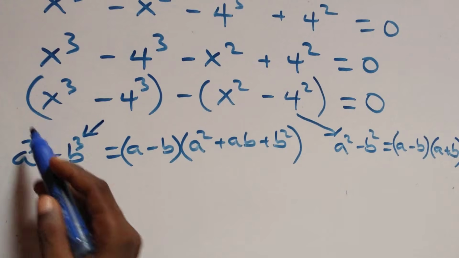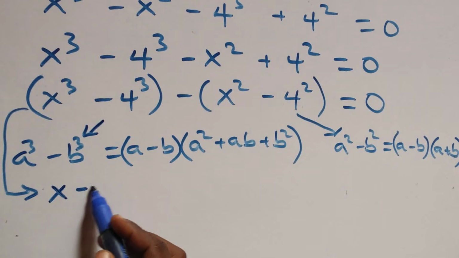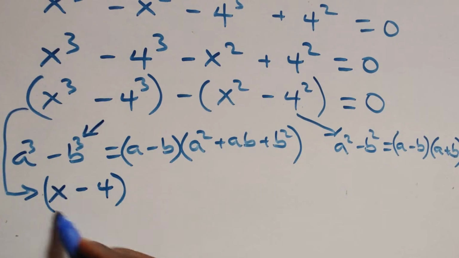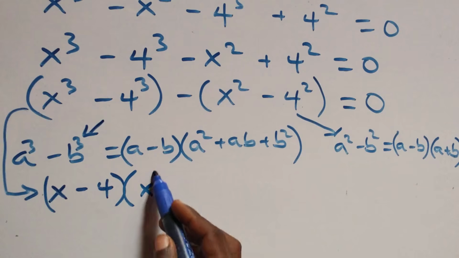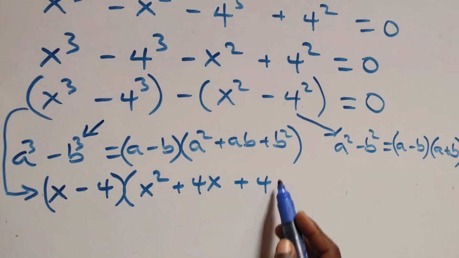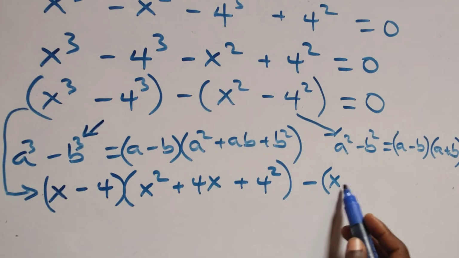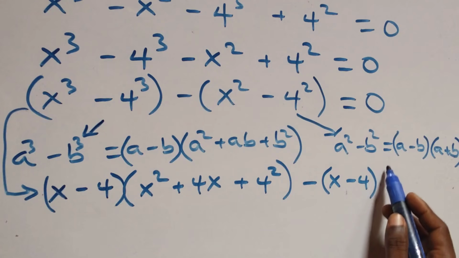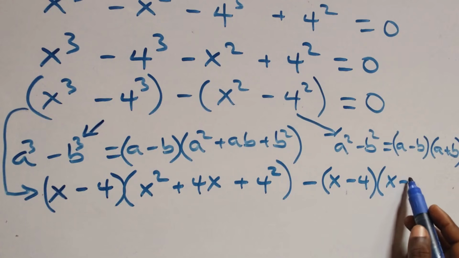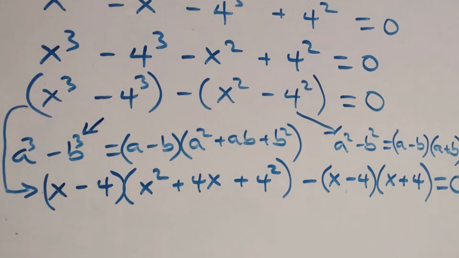Then next step, this equation follows this and becomes x minus 4 into brackets, open bracket x squared plus 4x plus 4 squared, close bracket, then minus also here, this becomes x minus 4 into bracket, also open bracket x plus 4, close bracket, then equals to 0 here.